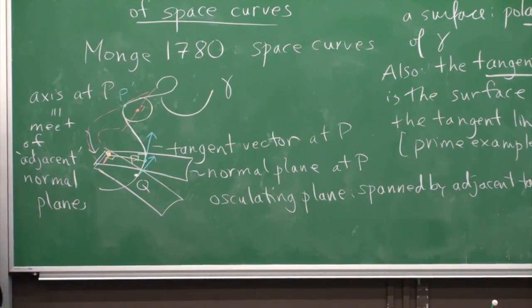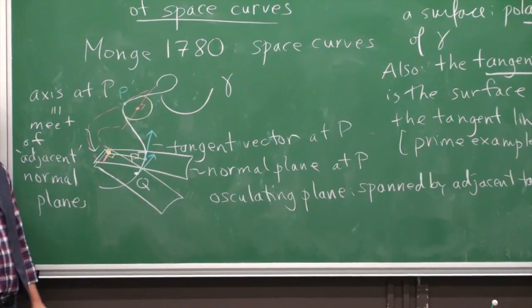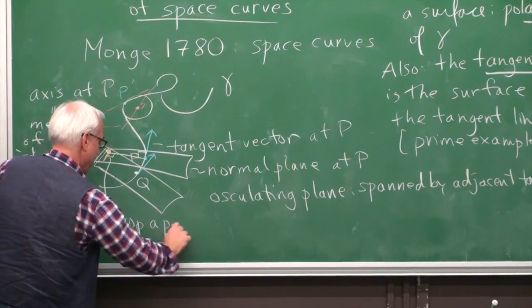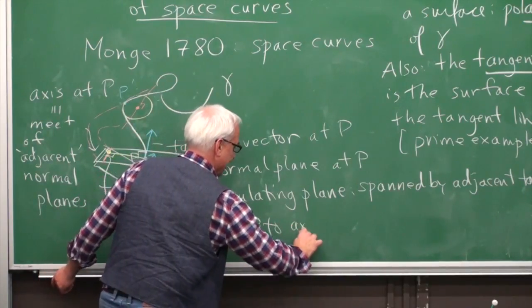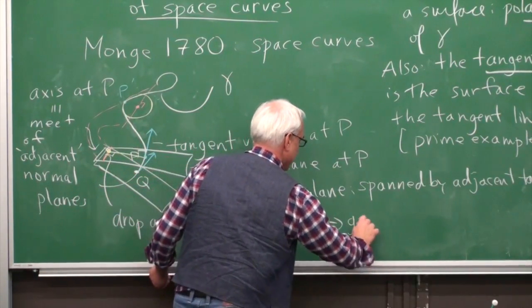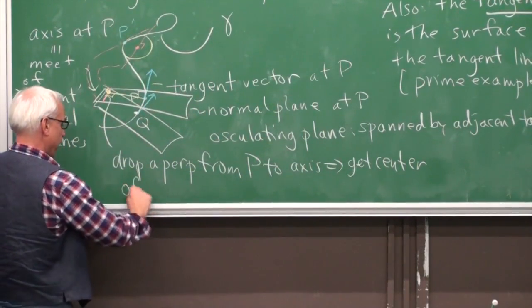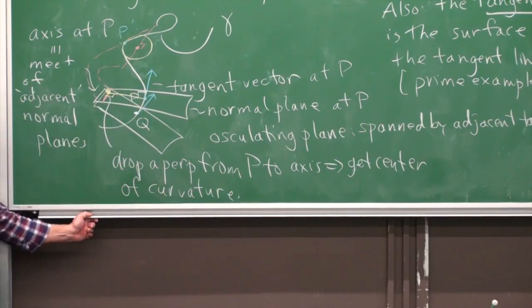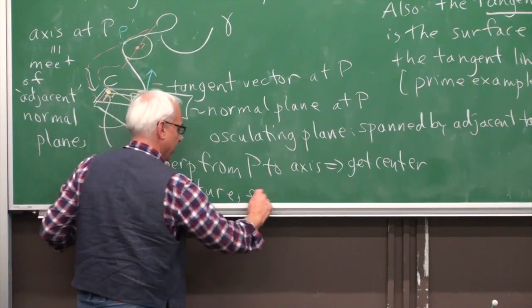And that point is the center of curvature of the curve at the point P. So we drop the perpendicular from P to the axis, and we get the center of curvature at P. Let's call it C.